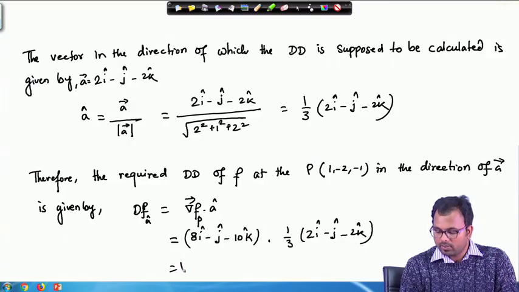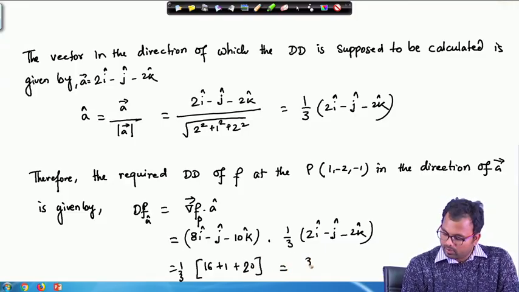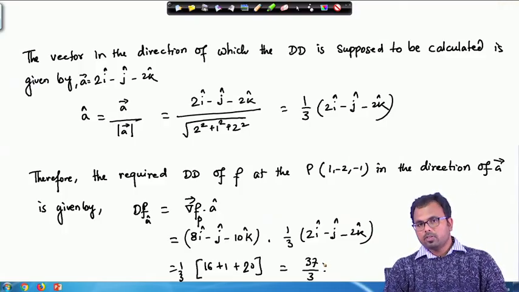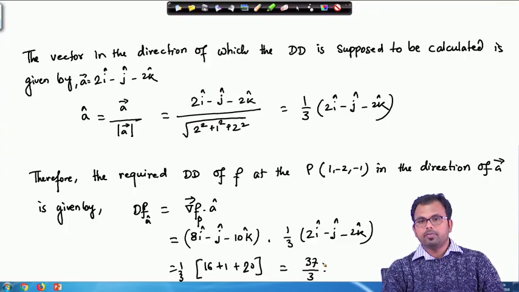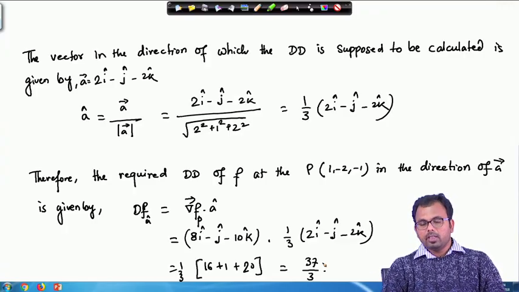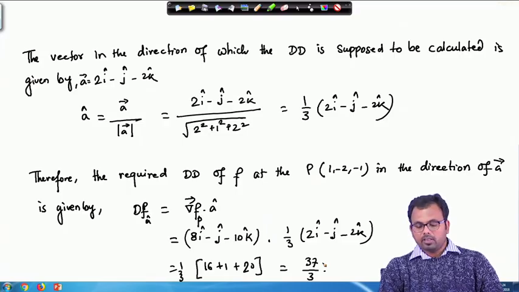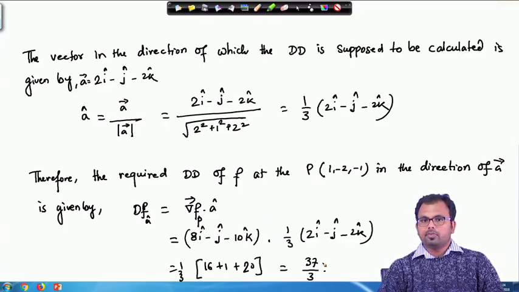Now, we calculate this dot product, and this will be 16 plus 1 plus 20, isn't it? Yes. So, we will ultimately obtain 37 by 3. So, the directional derivative of the function f at the point p in the direction of this vector a is 37 by 3. Of course, it is a scalar quantity.